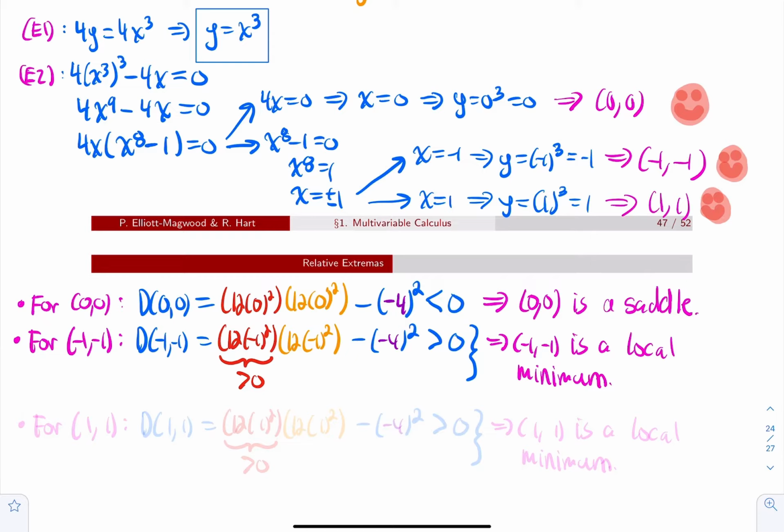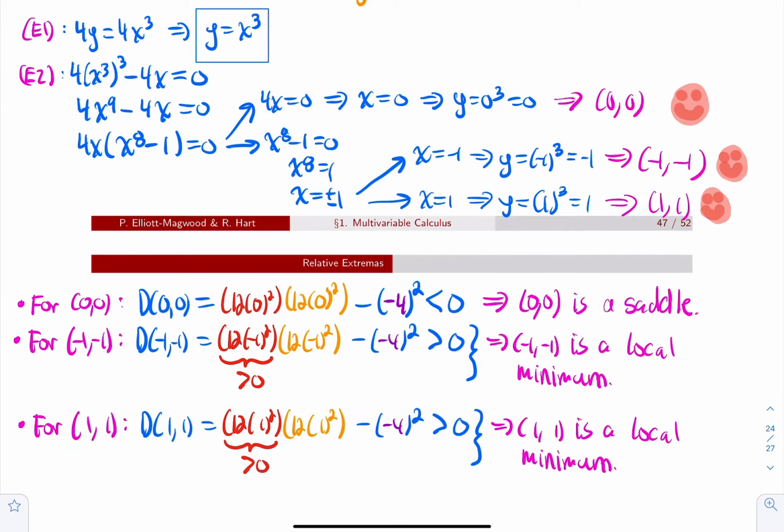Now for the last one, this is very similar to the previous one. So for (1, 1), the only thing you have to do is compute the D number at (1, 1). So the D number at (1, 1) is going to be 12 times 1 squared times 12 times 1 squared minus 4 squared.